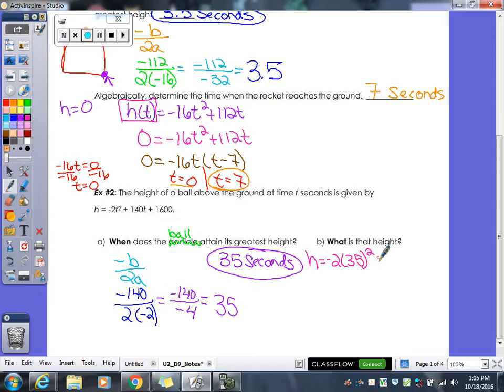So that gives me negative 2 times 35 squared plus 140 times 35 plus 1600. So what do we get? What's our height?